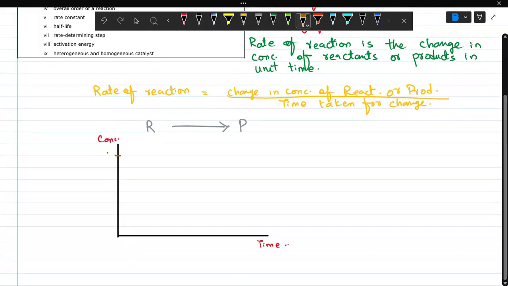We have reactants. When the time is zero, reactants are at maximum, and products are zero here. With the passage of time, the reactants will start decreasing.